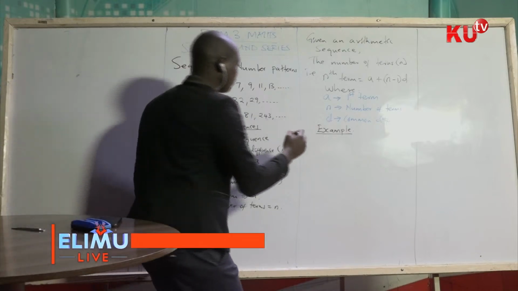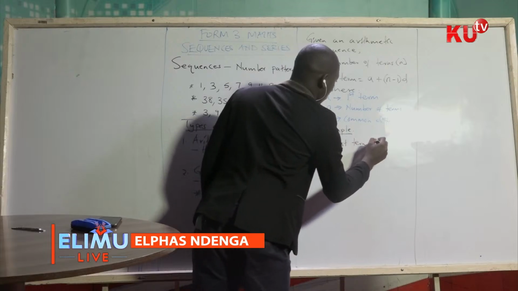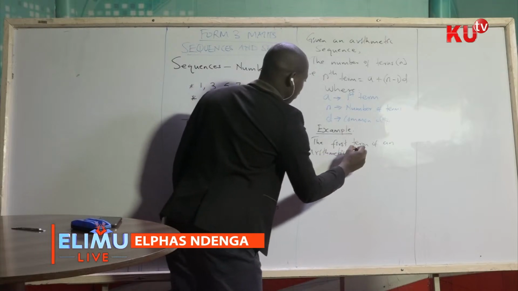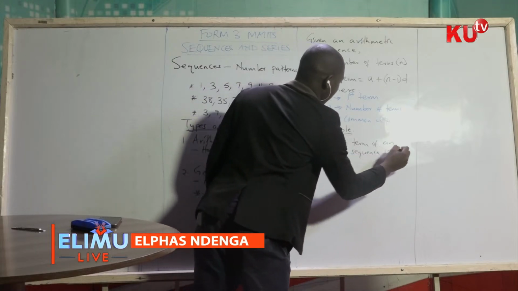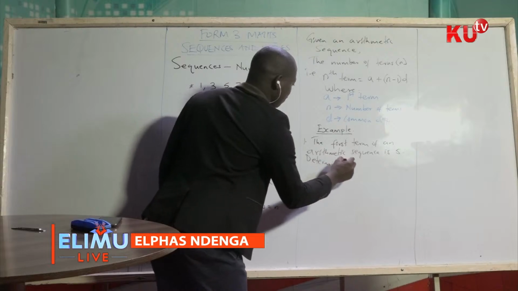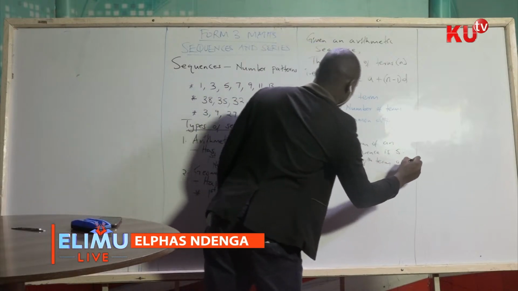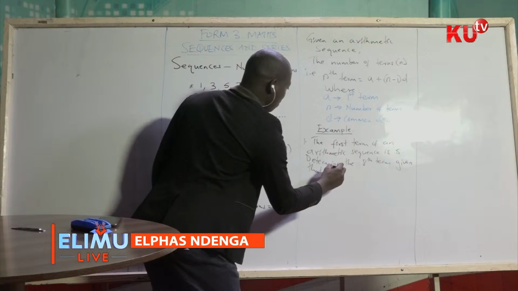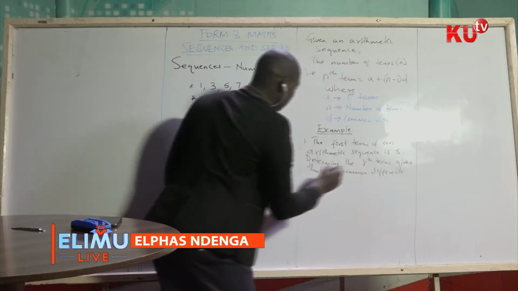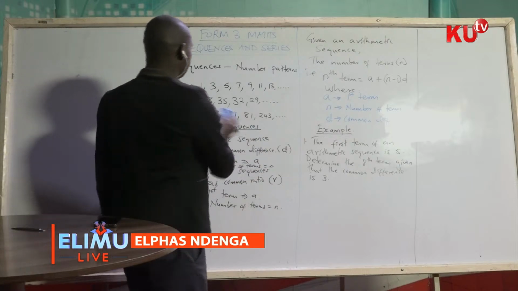You're told the first term of an arithmetic sequence is 5, and you're told to determine the 8th term, given that the common difference is 3.